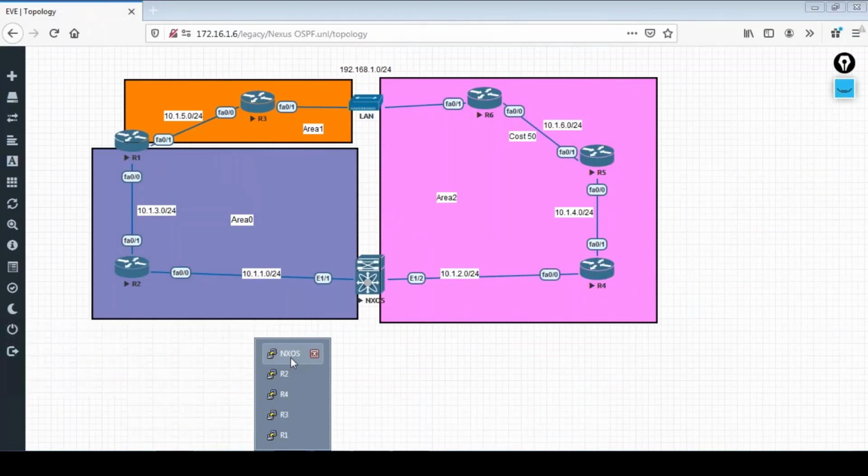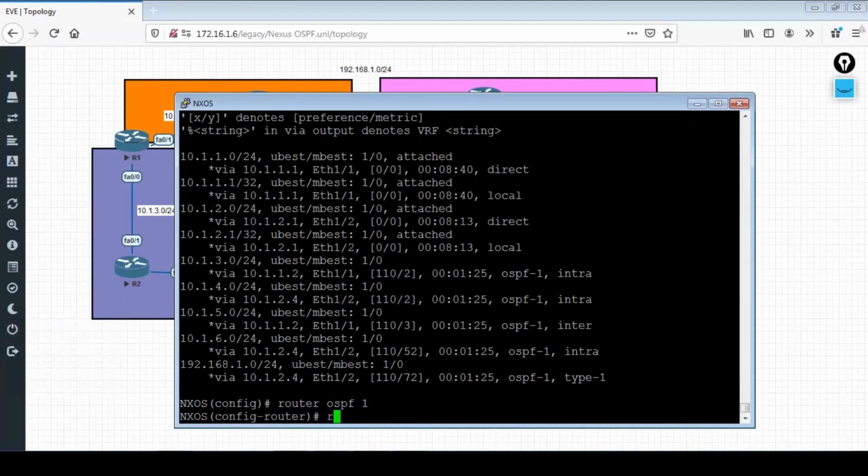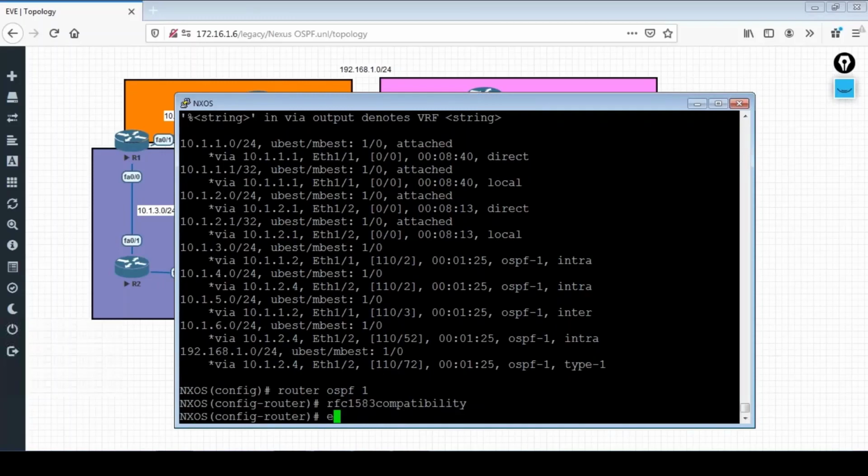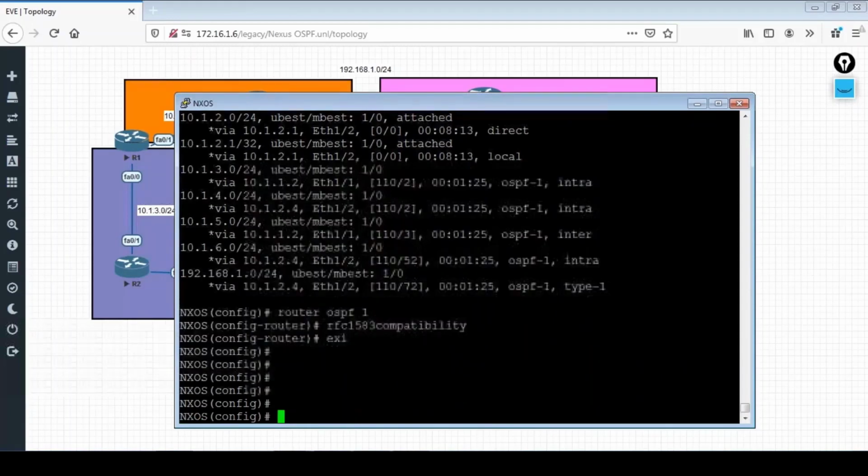Okay. So let's go to this NXOS. In NXOS, we do have this option, router ospf 1. Under this router ospf 1, there is RFC 1583 compatibility. There is a command available. Just use this command, and now the behavior changes.